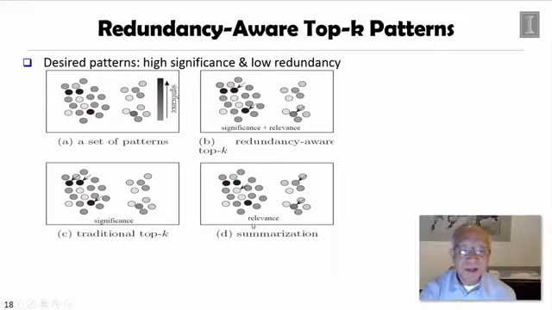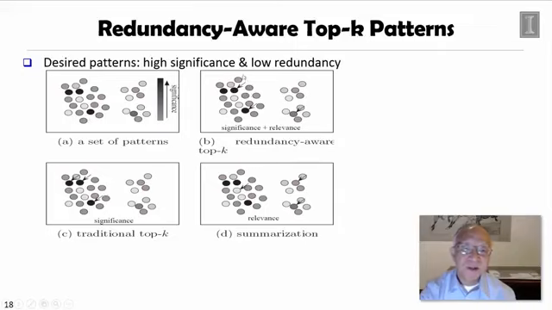But if you say, I just do the summarization, try to find clusters, and within each cluster, try to find their centers, then you probably will find those less significant patterns. So this may not be a good balance. Actually, a better balance is you take care of both significance and redundancy.